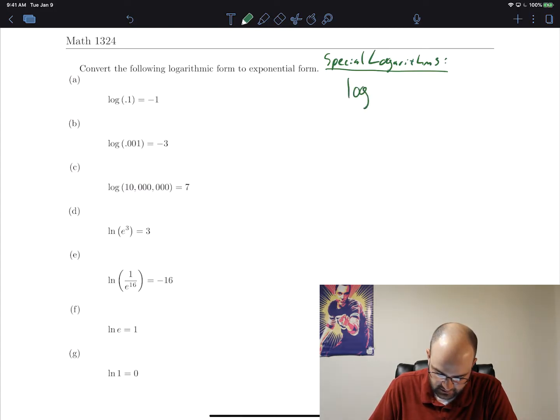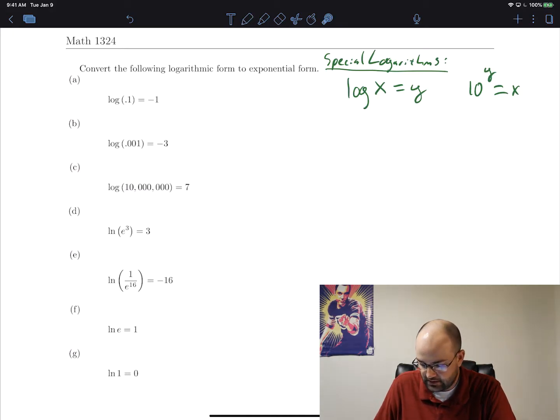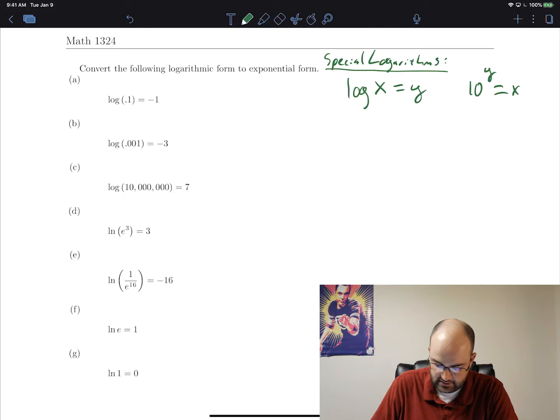Specifically, if you see log x equals y, that's the same thing as 10 to the y equals x. In other words, if you have a logarithm written out as log but no base, we assume that the base is 10. This is called a common logarithm.